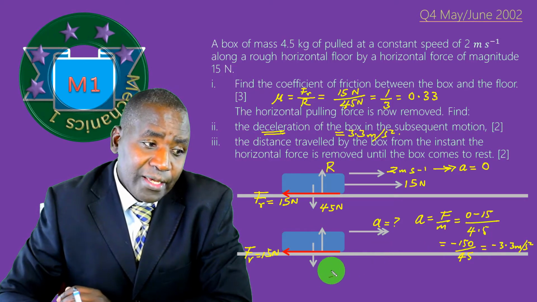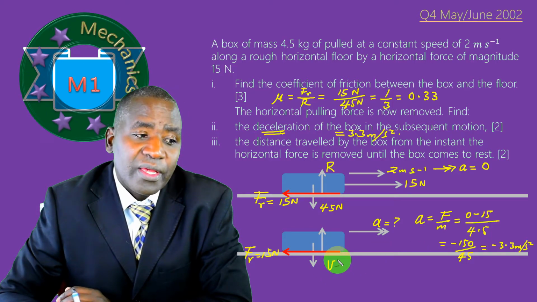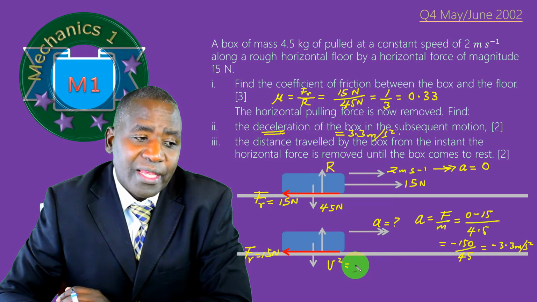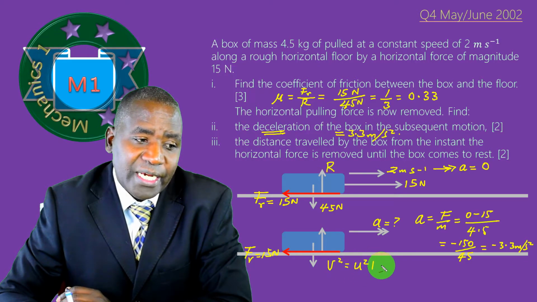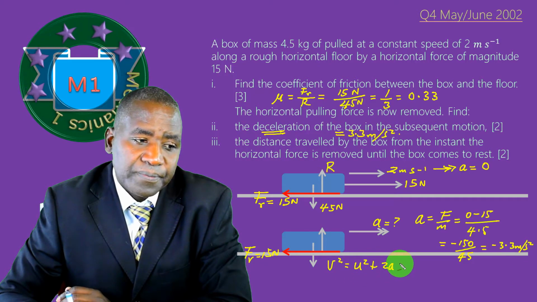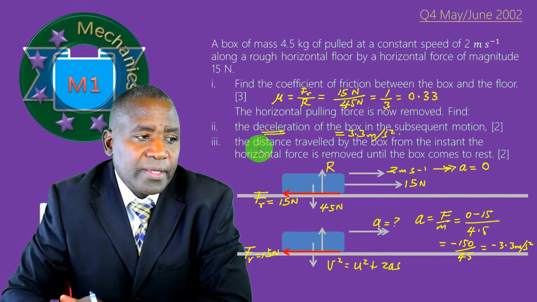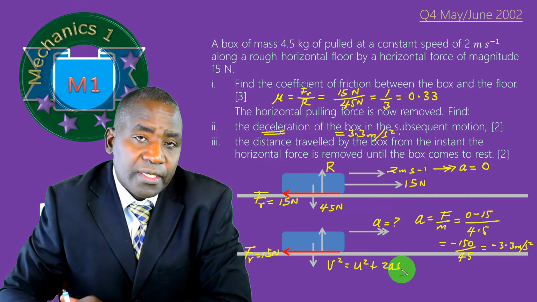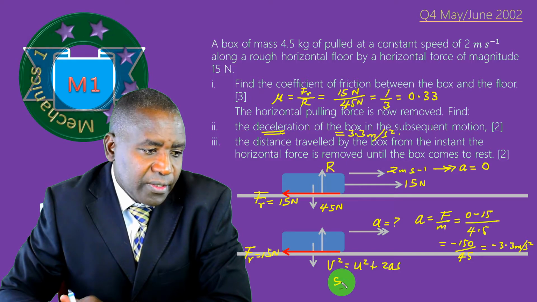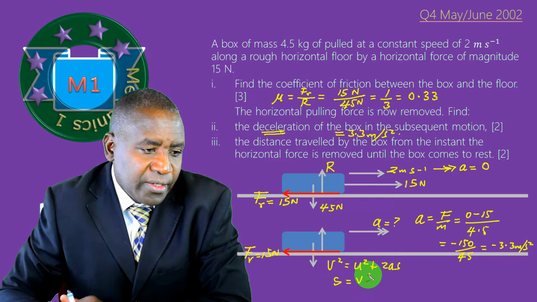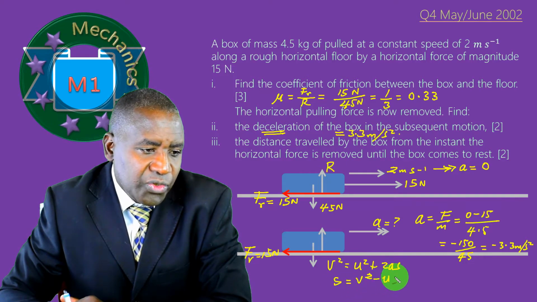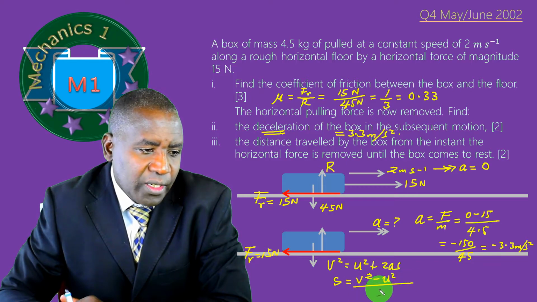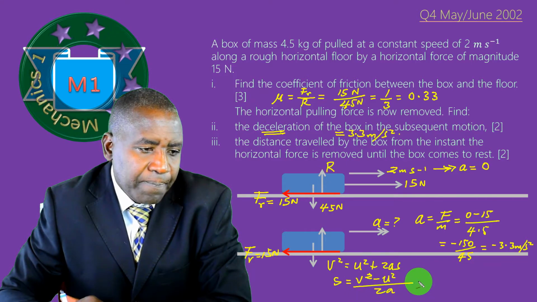If that is the case, then I always think about the equation that does not have time in kinematics. Over there, the distance is s. So s will be given by v squared minus u squared over 2a.